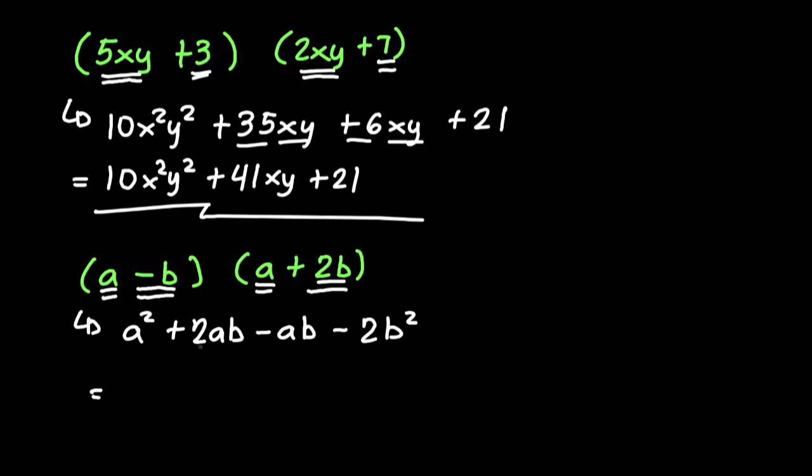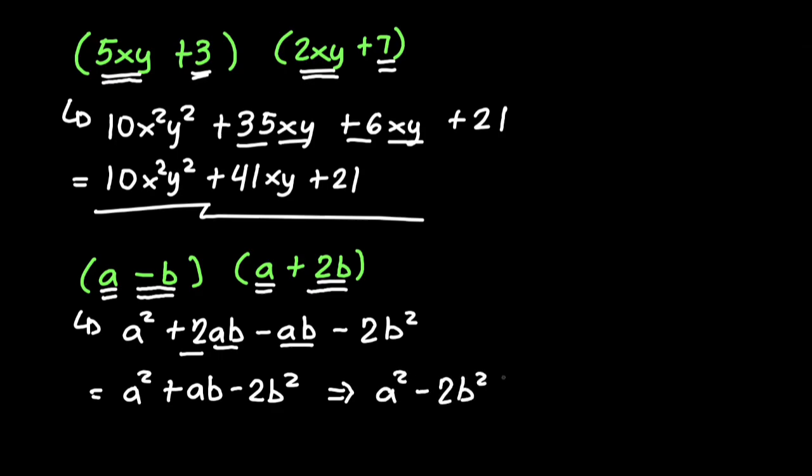So the final answer would be a squared, and combine these like terms. So 2 minus 1 would be 1. So it will be positive ab minus 2b squared. You can rearrange this. So it will be a squared minus 2b squared plus ab.